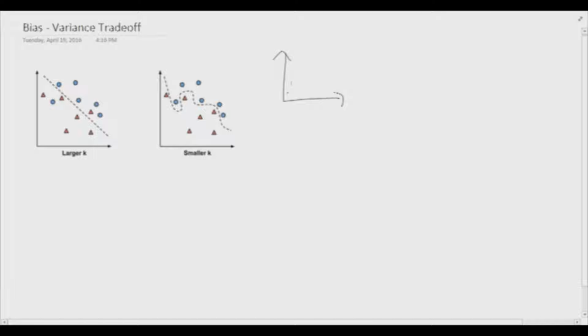Say you have a set of data like this. It seems pretty linear, but say you have one data point that goes down here.